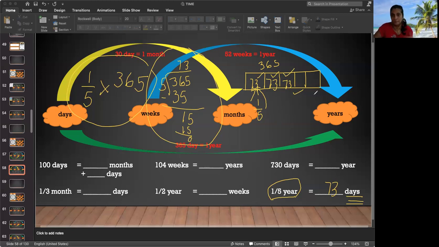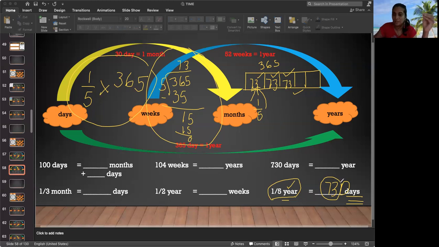1 year, I divide into 5 parts. That's how I get 1/5. It makes sense to have something lesser than 365. Imagine your answer was 730. That doesn't make sense. How can 1/5 of a year be more than 365? A lot of times in maths, you have got to check the sensibility of your answers.